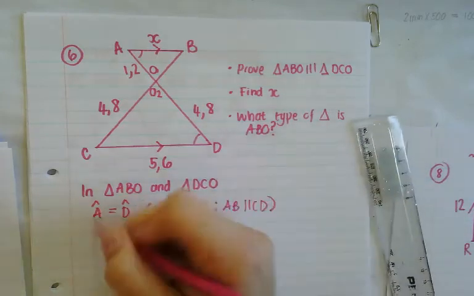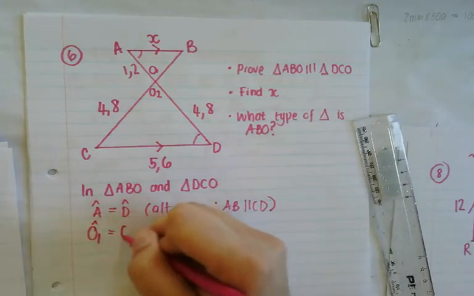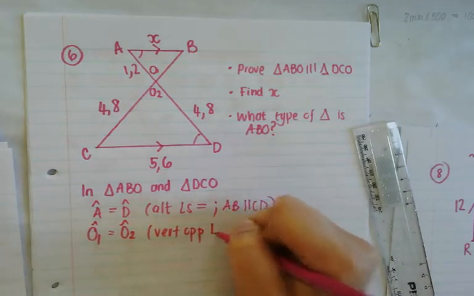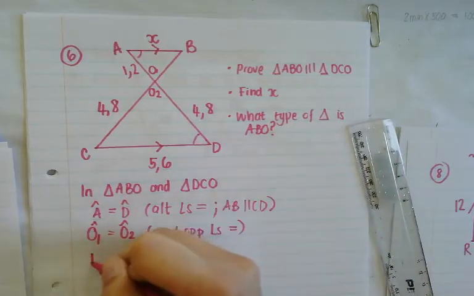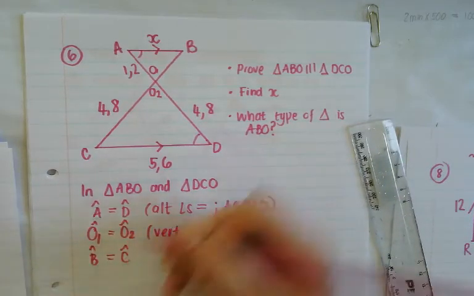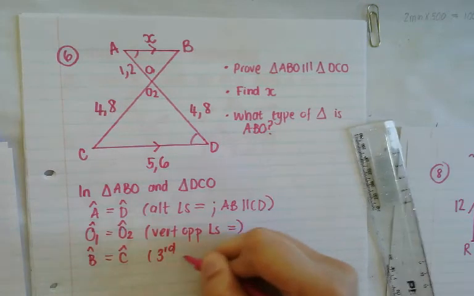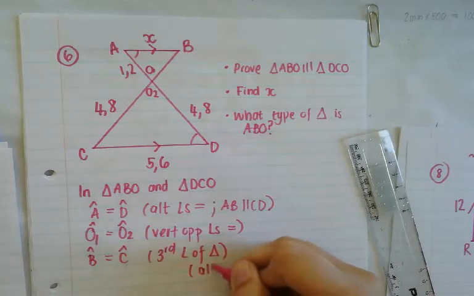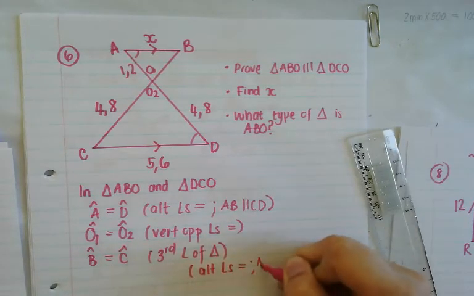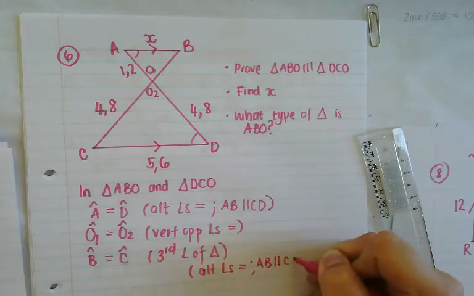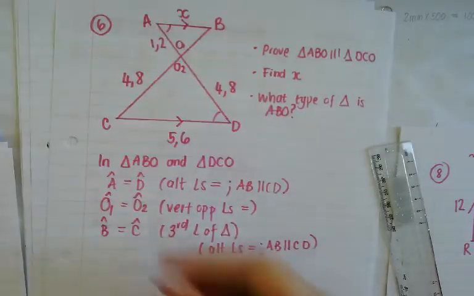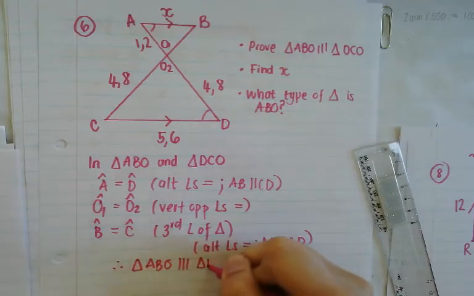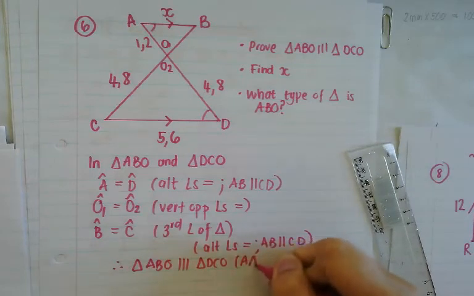I can also go O1 equal to O2 because of vertically opposite angles being equal. And then I can go B is equal to C. You can either do third angle of a triangle, or once again alt angles equal. Therefore triangle ABO is similar to triangle DCO, angle, angle, angle.